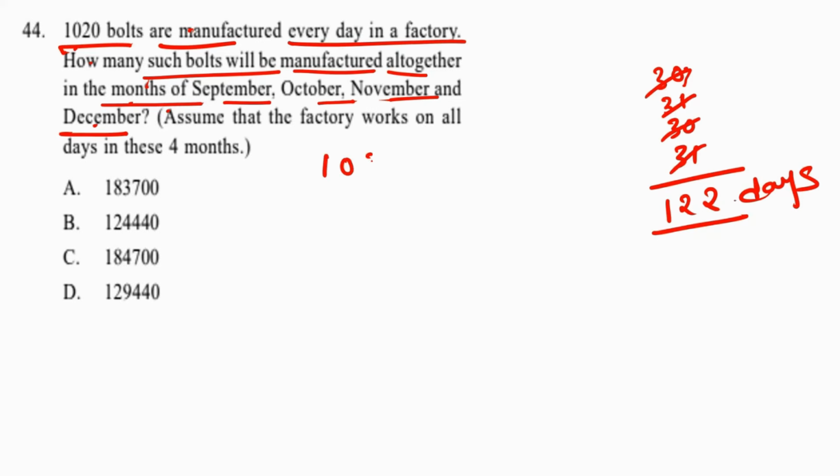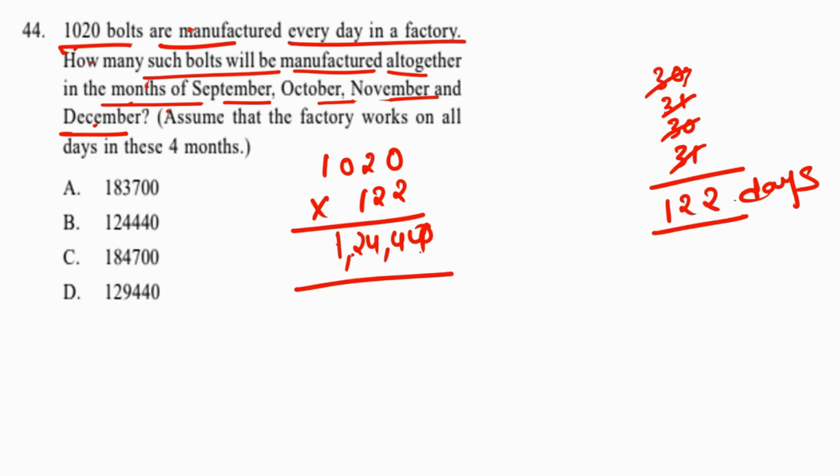Now, every day, if they are manufacturing 1020, in 122 days we just need to find the product of these two. And whenever we multiply these two, we would be getting 1,24,440. 1,24,440, option B is the answer.